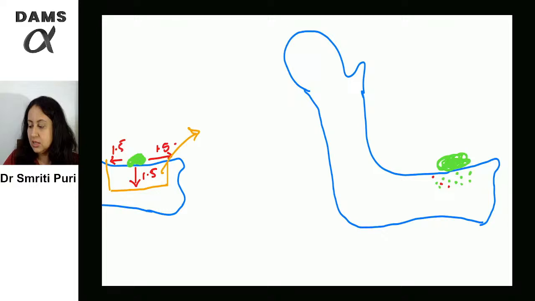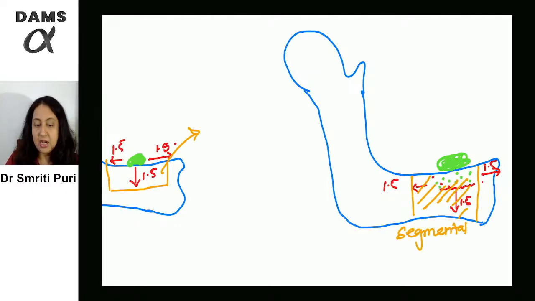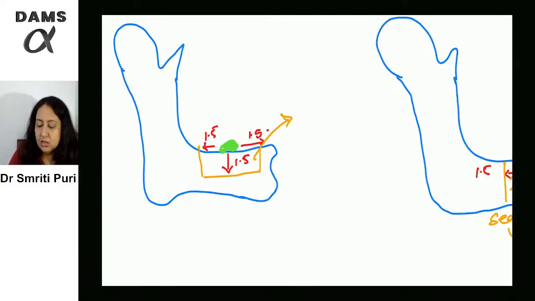So if this is the erosion that you can see on the radiograph, from that eroded area you will take 1.5, 1.5 and 1.5. You will end up removing this entire block. So this will result in a segmental mandibulectomy or a segmental resection, and when only the soft tissue is involved, it will be a marginal resection or marginal mandibulectomy.